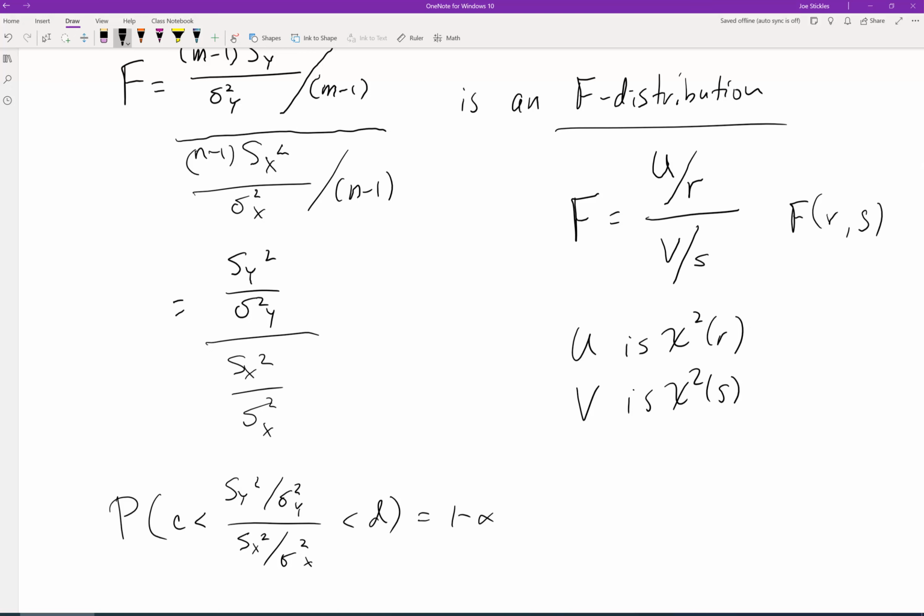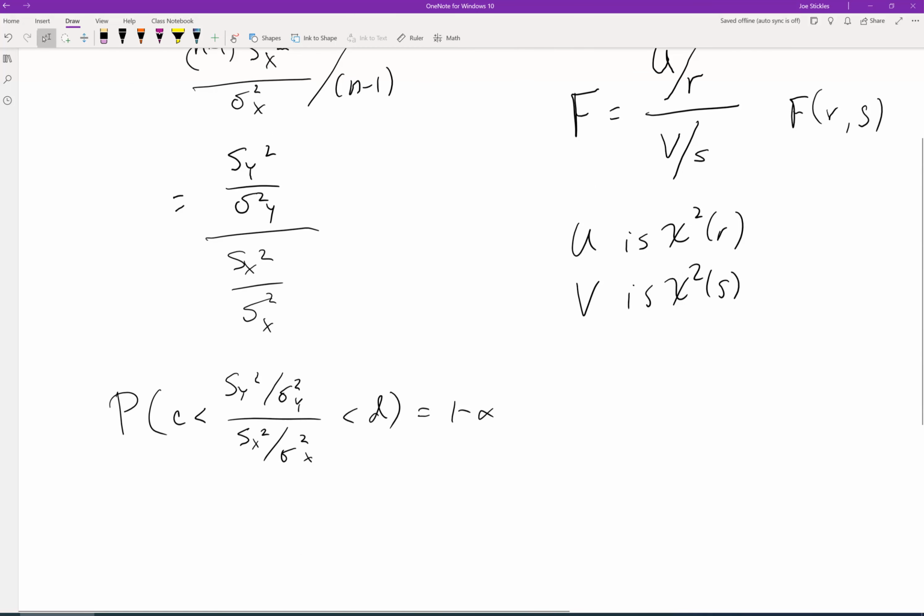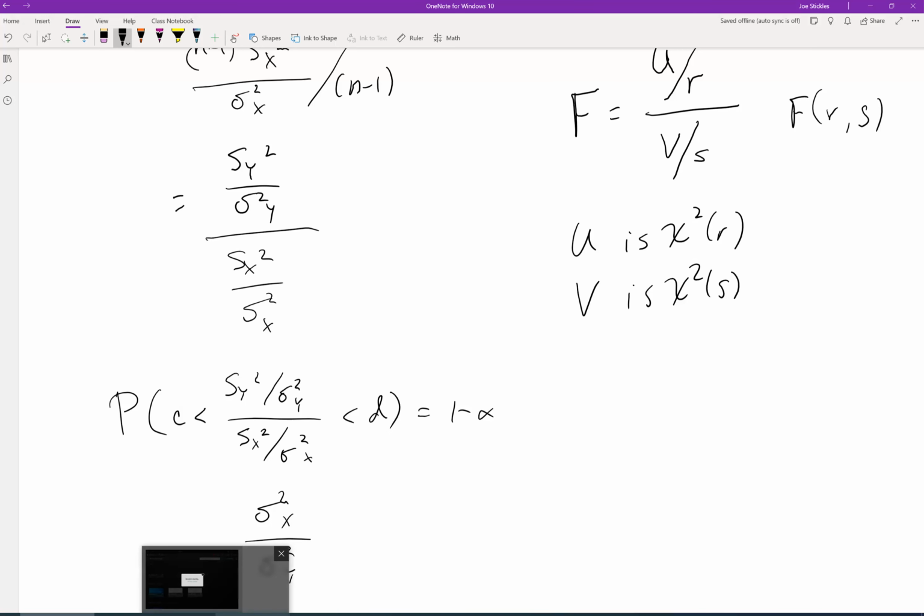So now if we simplify and move some things around, notice that your variance for x and your variance for y end up flip-flopping, right? And then if I move things to the other sides of the double inequality, you're going to have an s_x squared over an s_y squared in both places.